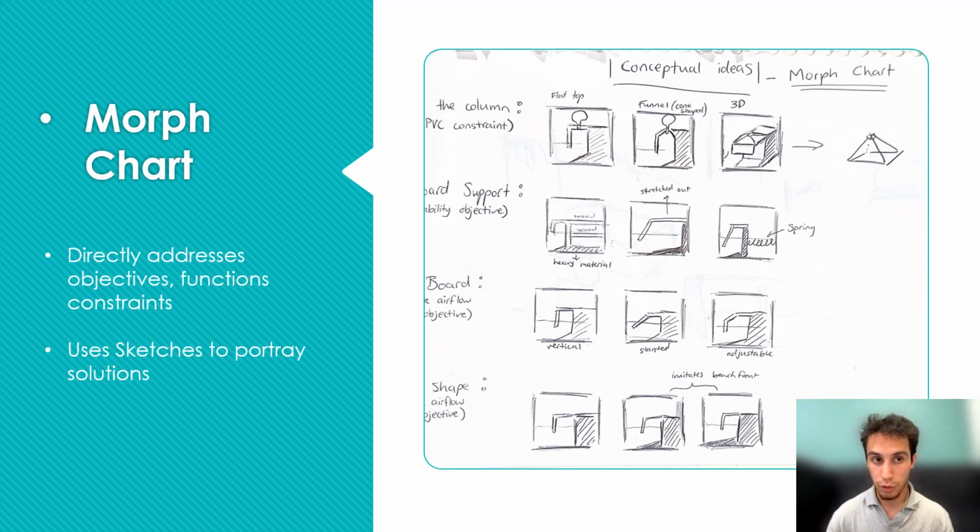Through these three quick sketches on the right, we now have a more accurate idea on how to address this issue, and as shown in our final sketch on the furthest to the right, we opted for the pyramid-shaped roof, which not only contains the compartment, but also directs airflow into the balloon, perhaps quicker, we might not know yet, which also addresses the objective of having the highest peak of airflow possible. And so on, we repeated this for different problems and provided multiple sketches.